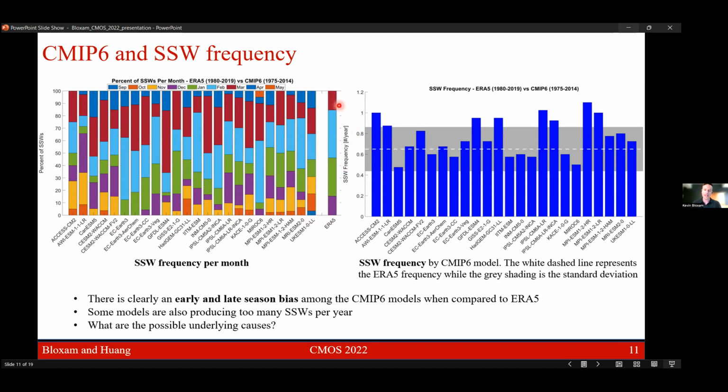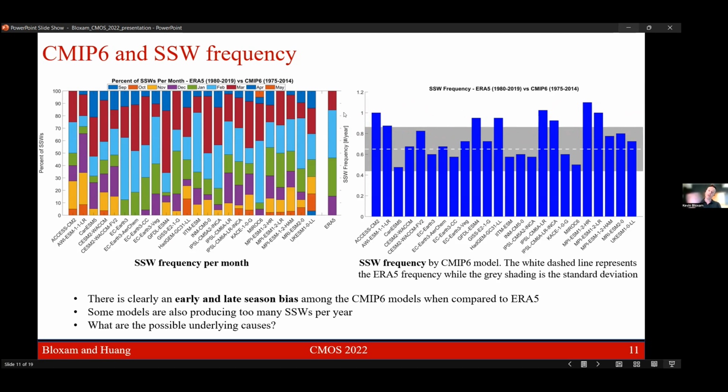There's also this late season bias where they're overproducing the number of SSWs in spring. And if we look at the total SSW frequency compared to the ERA5, which is the white dashed line here, and its standard deviation, the gray, we can see that again some of the models are overproducing the number of SSWs per year.